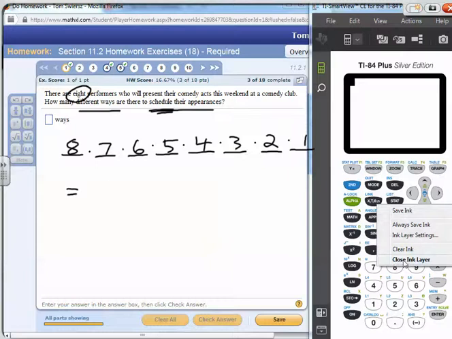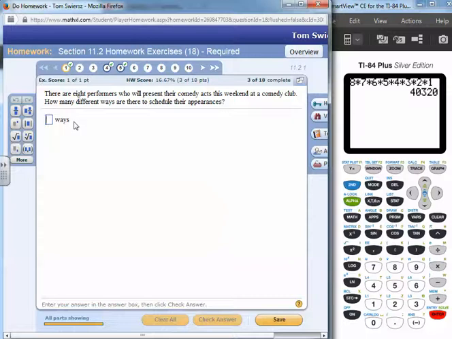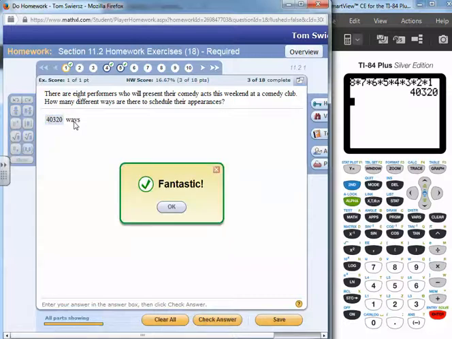If you've just got a calculator, this is a factorial, so you'll just have to go 8 times 7 times 6 times 5 times 4 times 3 times 2 times 1, and we get 40,320, which is indeed the correct answer.